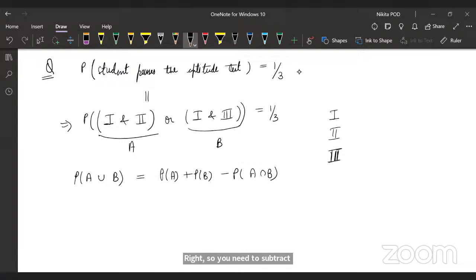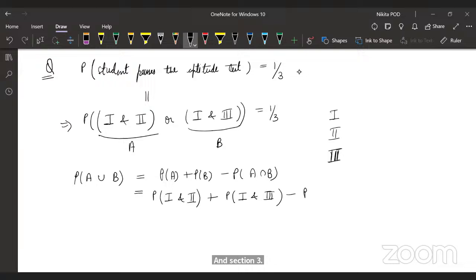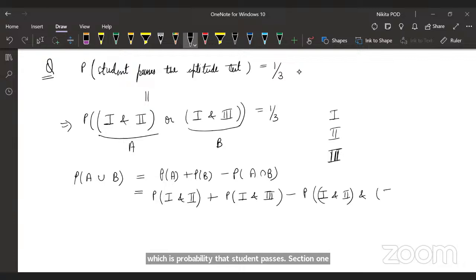Okay. So now what is probability of A? Probability of A means probability that a student passes section 1 and section 2, plus probability that a student passes section 1 and section 3, minus probability of A intersection B, which is probability that a student passes sections 1 and 2 and 1 and 3.